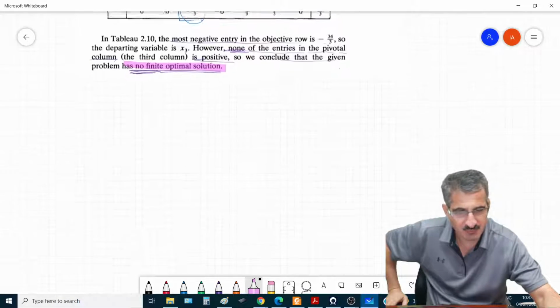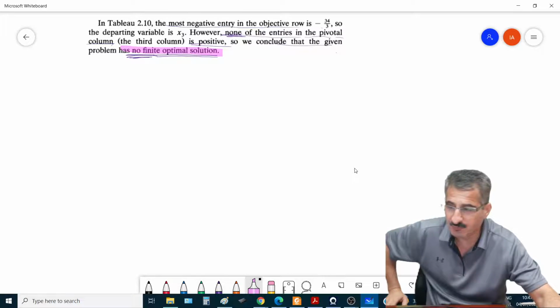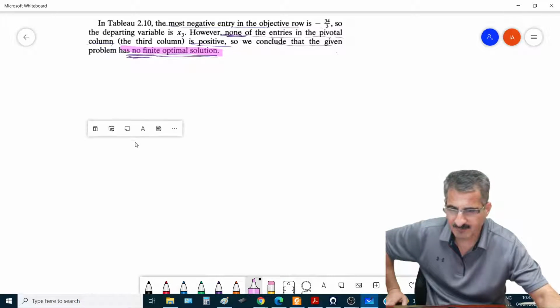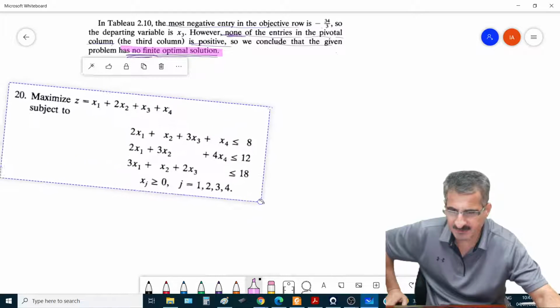I was thinking not to work examples and to leave that for tomorrow, because tomorrow we will have a lab, a tutorial. But let us go to the book and take example 20. I have computed that already, but I want you to compute with me. Maybe I made some mistake.